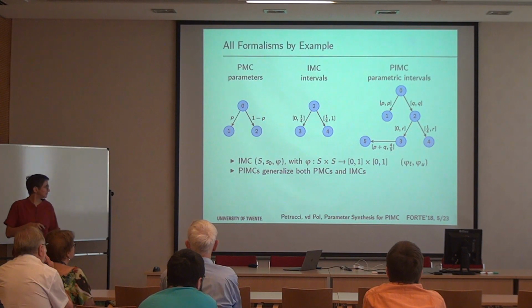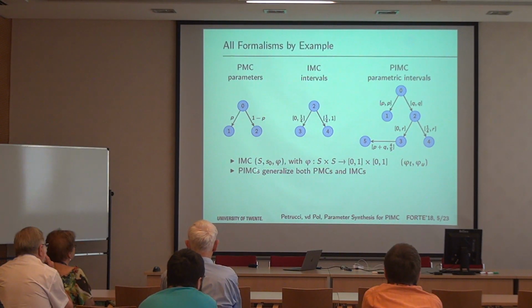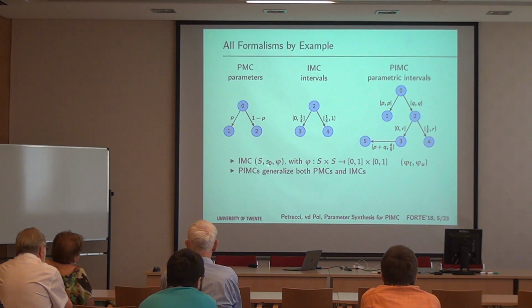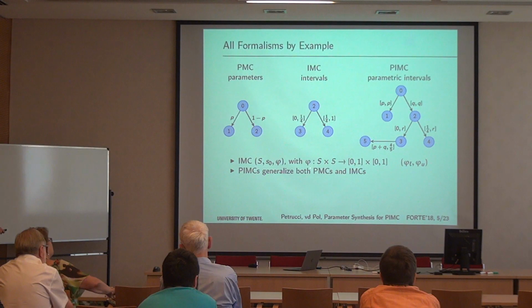An IMC, the interval Markov chain, is formally written as a triple, where you have the states, and the initial state 0, so in our example it would be the root state, well here 0, here actually it's 2, but 0 here. And a function that associates an interval with every pair of states.